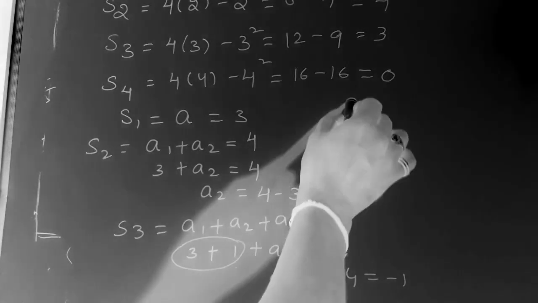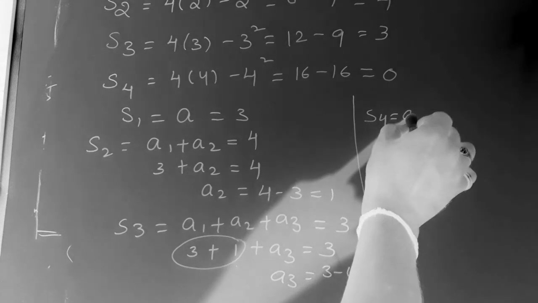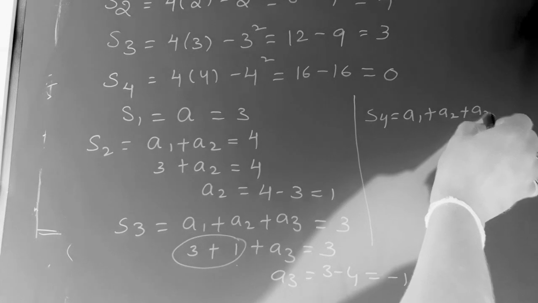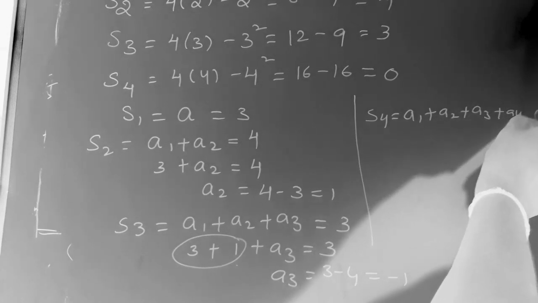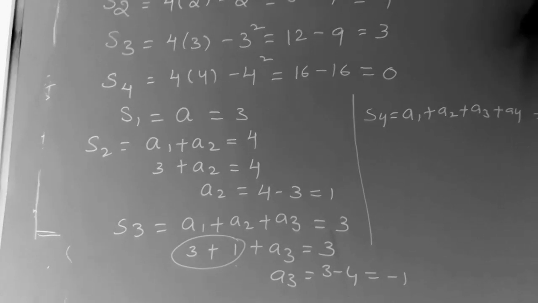So now we will find S4. S4 is the sum of four terms, A1 plus A2 plus A3 plus A4, that is equal to 0. We got the sum of four terms as 0.